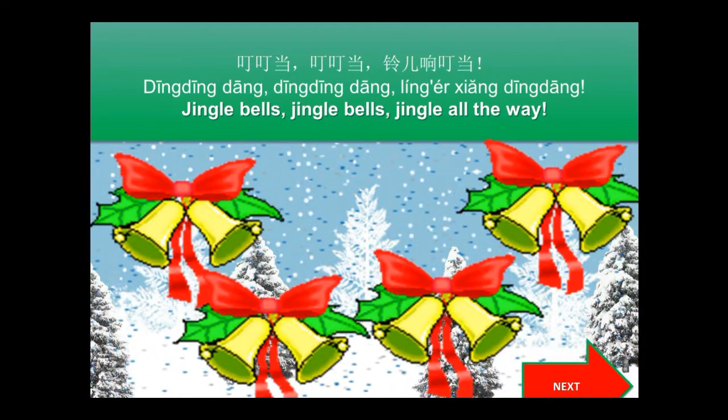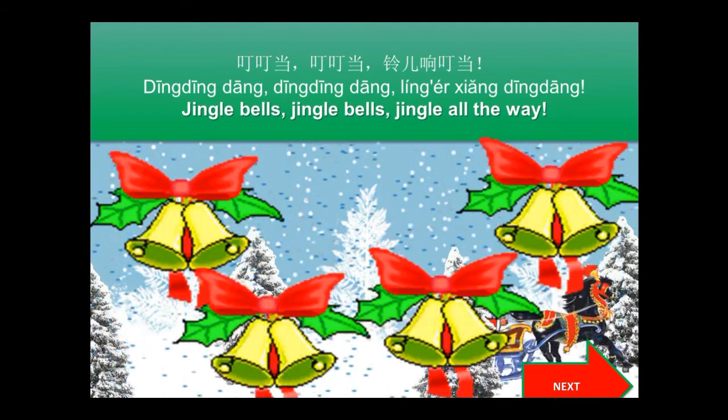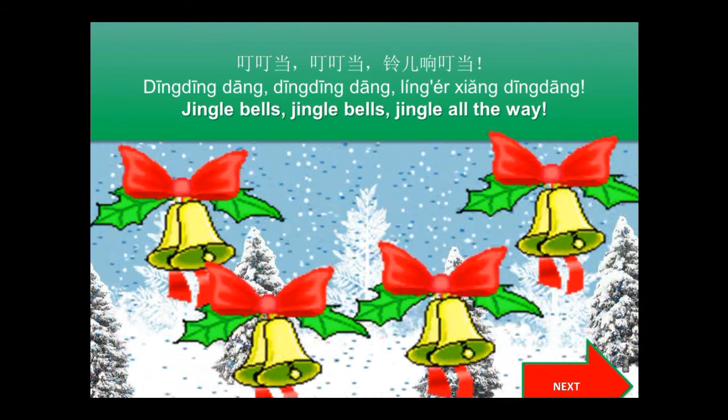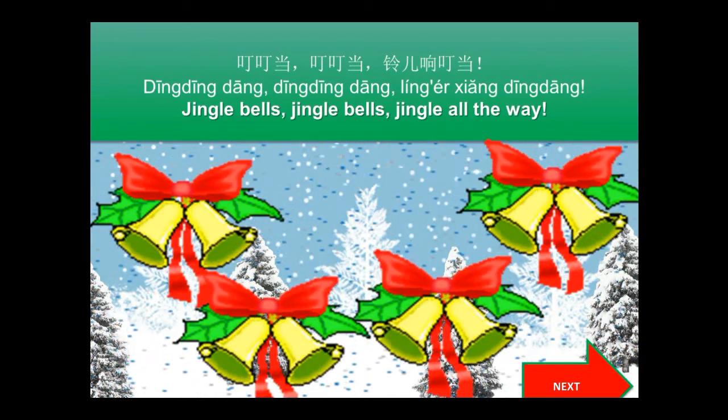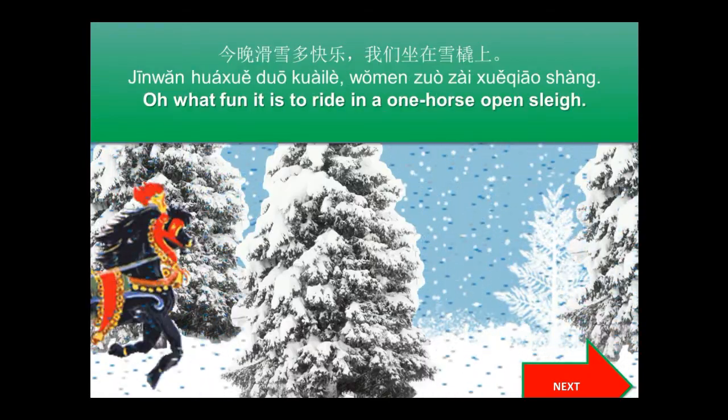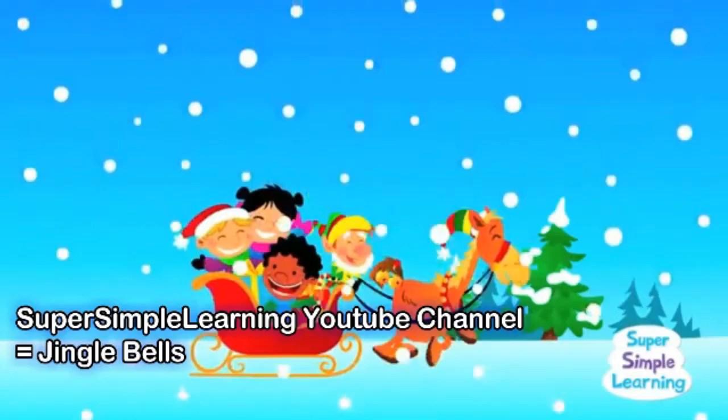One of the reasons that I chose Jingle Bells to be my main go-to Christmas song that I teach is because it's very similar to how it is in Chinese. In Chinese, they say ding ding dang. Well, in English, we say jingle bells, and it's a very similar sound.